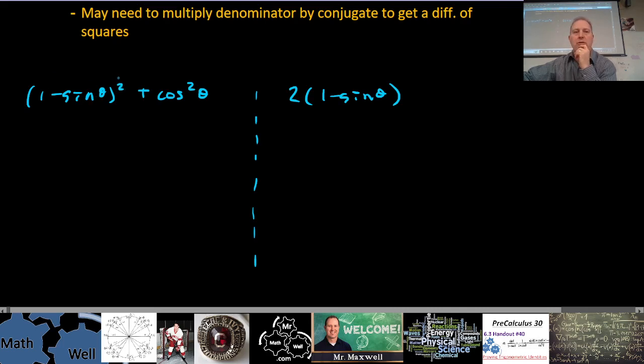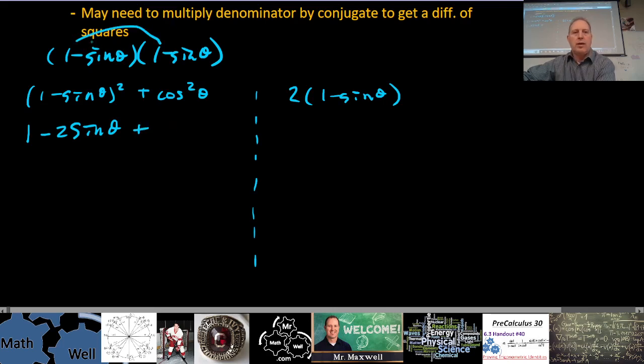So I'm going to actually square this out. It's going to be a FOIL, right? And for those of you that aren't seeing this, it's going to be like this. FOIL. So 1, then minus sine theta, so it's going to be minus 2 sine theta, and then plus, so 1, and then minus sine theta, minus sine theta.